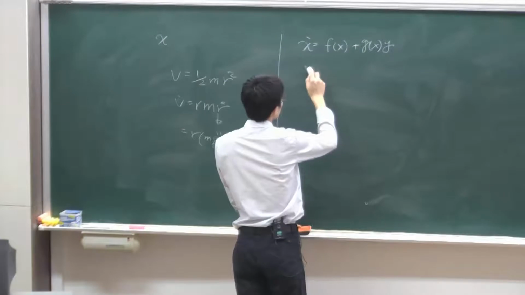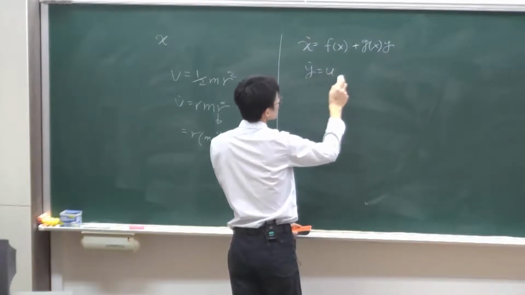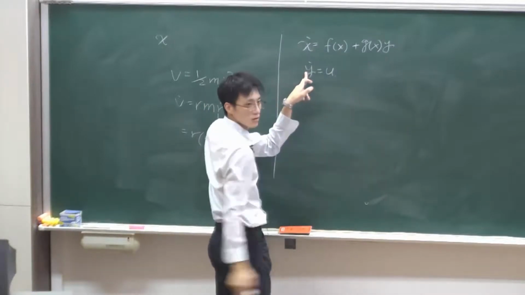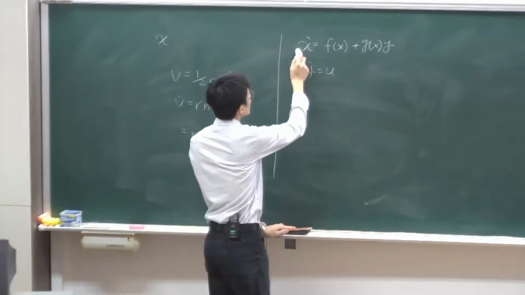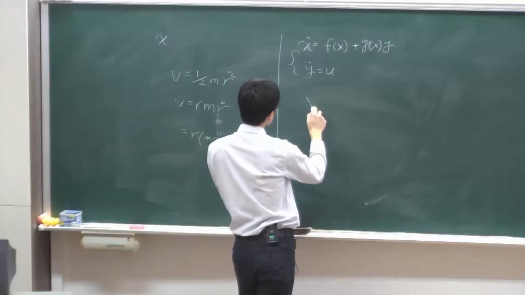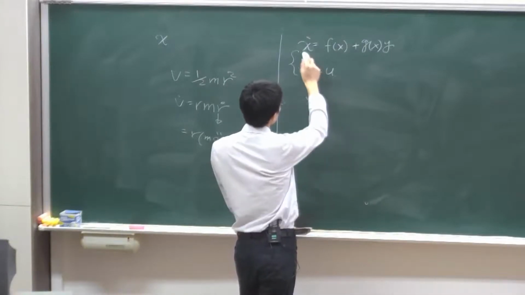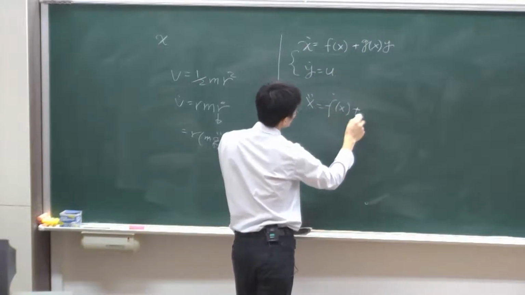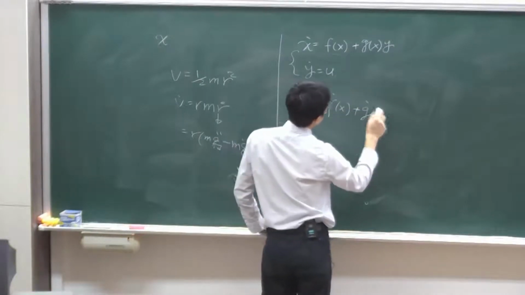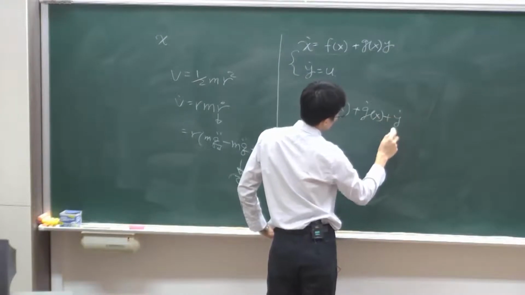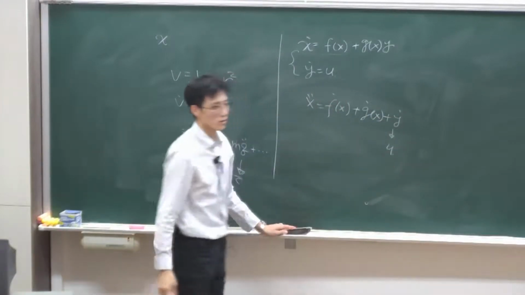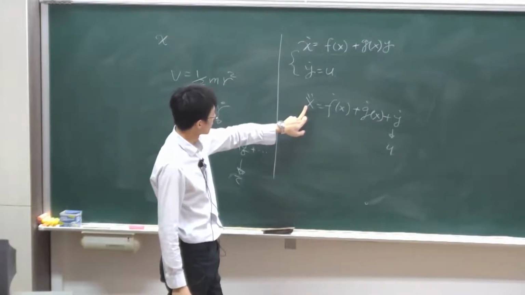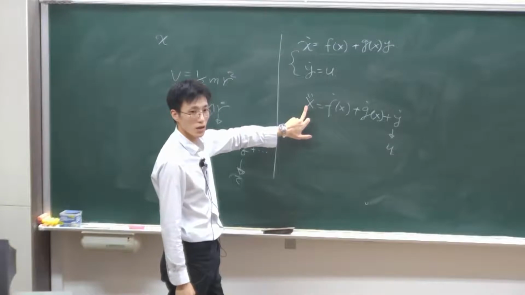And Y dot is U. This is not U. U is in here. And there's one more time derivative. Or you can combine it: you take one more time derivative on the first equation that gives you F dot X. You can do this. And this is U. Okay, so U appears in the second time derivative of X.